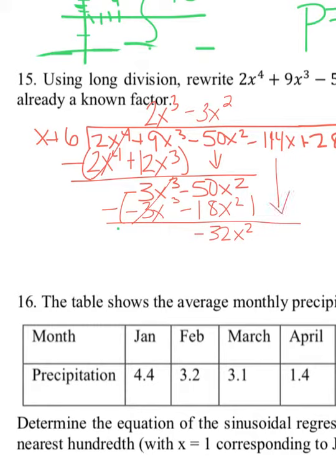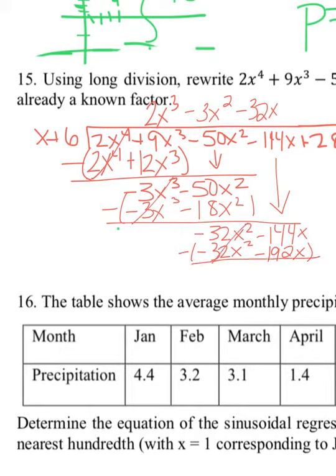Bring down the minus 144x. Negative 32x squared divided by x gives me negative 32x. Multiply it out. 6 times negative 32 gives me negative 192x. Parentheses, subtract. Negative 32 minus negative 32 cancels.